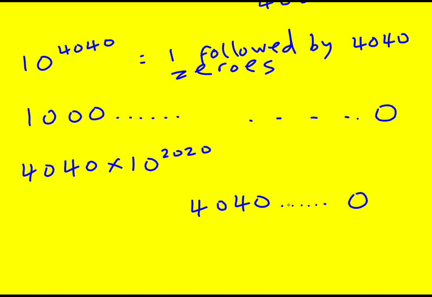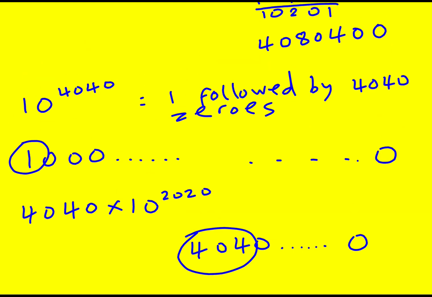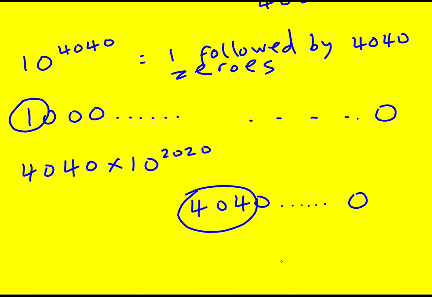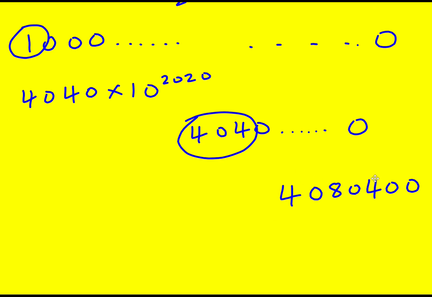It doesn't really matter how many I've got, to be honest. When I add on, there's going to be no overlap, so I just get 1 from this one, and I get an 8 from this one, which just leaves adding 40804000. And that is that number in full.